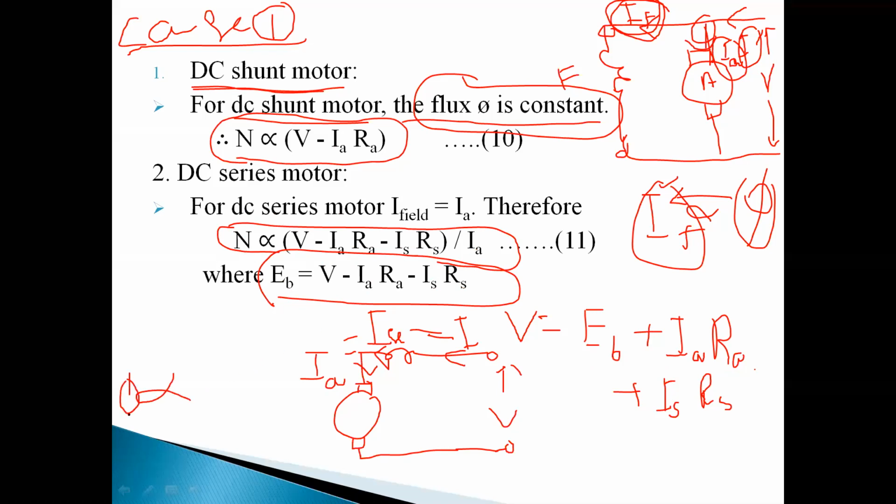In a series motor, flux is proportional to armature current because armature current equals field current. All currents are the same: armature current equals series field winding current equals load current. So IA equals IS equals I. So flux is proportional to IS, which is proportional to IA. That's why flux is replaced with IA in a series motor.